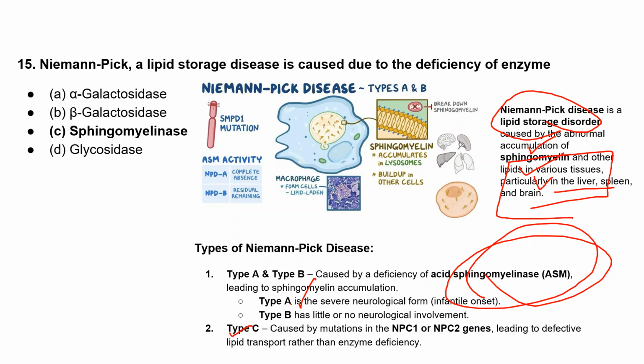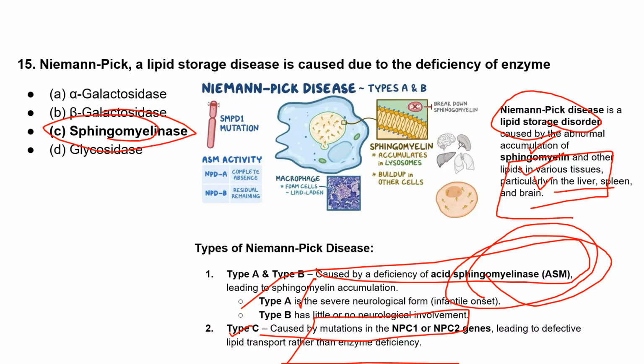So type C is caused by mutations in these genes, and type A and type B are caused by deficiency of this enzyme, that is sphingomyelinase. So it is a kind of lipid storage disease caused by the deficiency of this enzyme. Which type? Type A and type B. If the question is a general question and there are no NPC1 and NPC2 genes mentioned, we take it as type A and type B, because of the deficiency of this enzyme only.